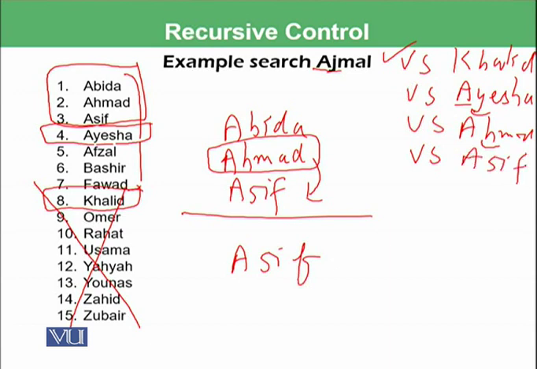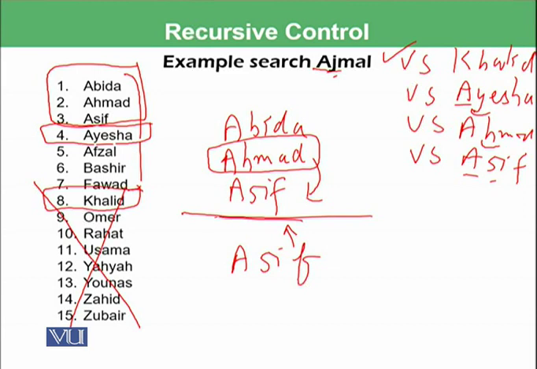When we compare Asif with the Ajmal, we can see that A is compared with the A, but J is not matched with the S, because S has the greater ASCII value. So this means Ajmal can be found somewhere upside. And you can see that in this list there is only one element and there is nothing upside.